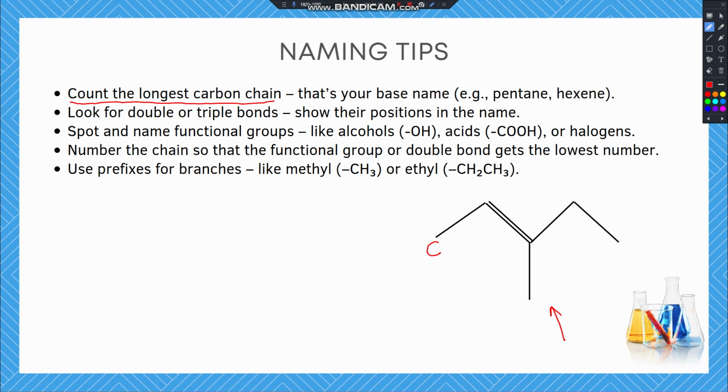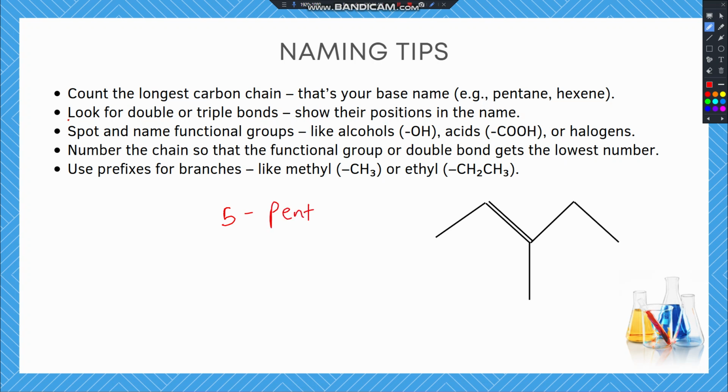We have 1, 2, 3, 4, 5. You can see from this place to this place, all the way to this end, and then to this place, and then all the way to this place. We ended up with 5 carbon atoms. So having 5 carbon atoms tells us that the parent name of this compound is going to be pent.